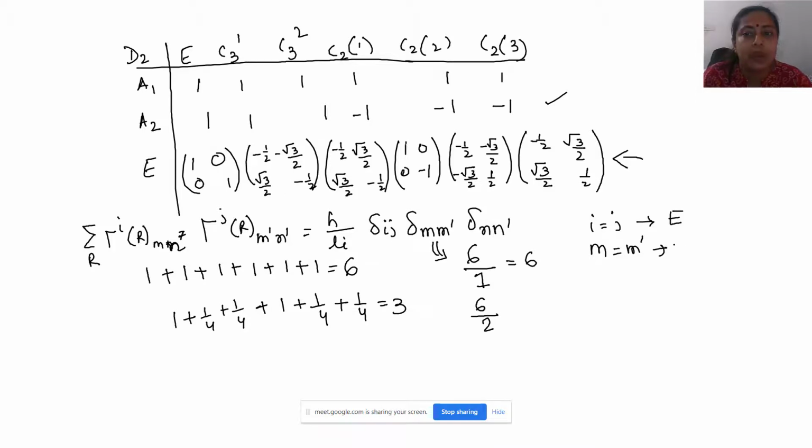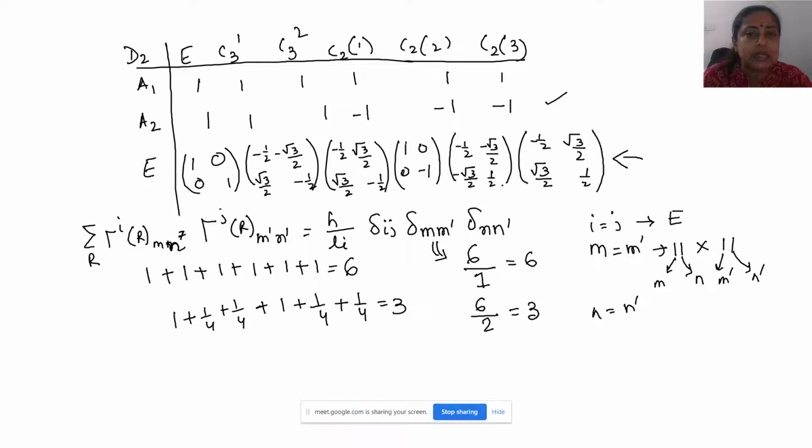So this is m, this is n, this is m prime, this is n prime. For me, m equal to m prime, n equal to n prime. So delta ij, delta m m prime and delta n n prime is equal to 1. So this is going to be the 3. So the left hand side is going to be the same as the right hand side.